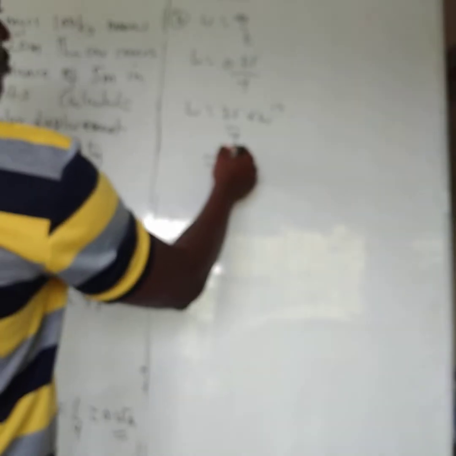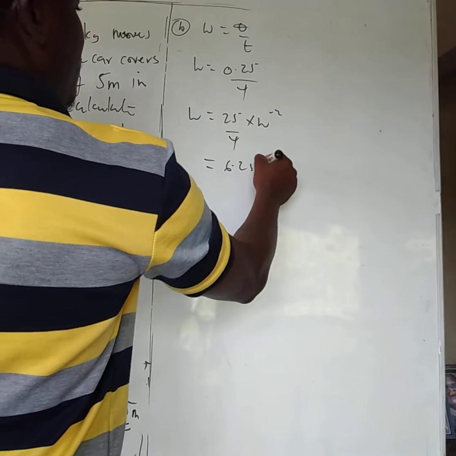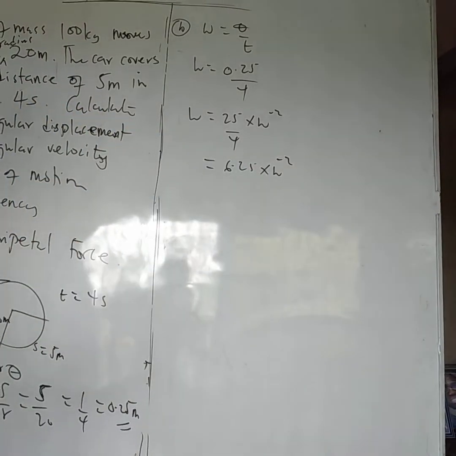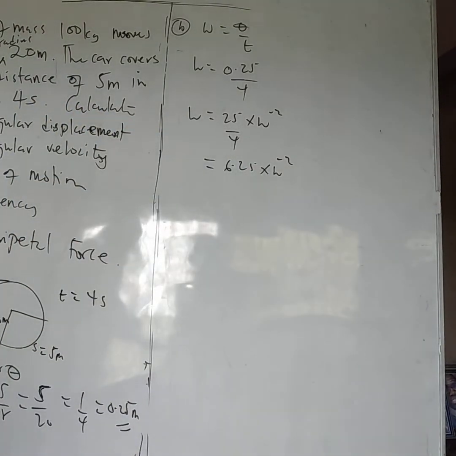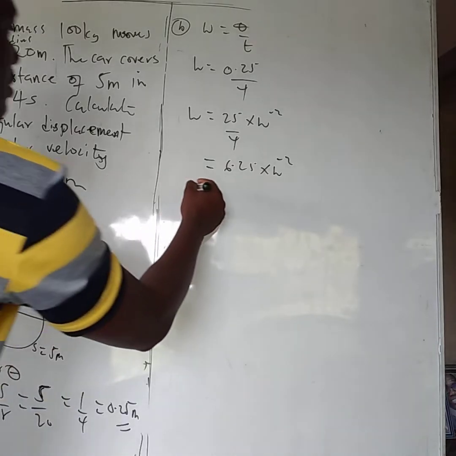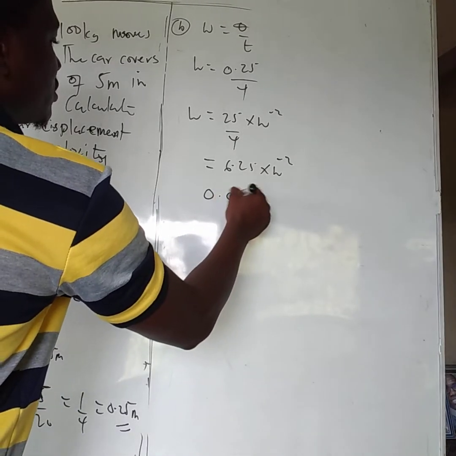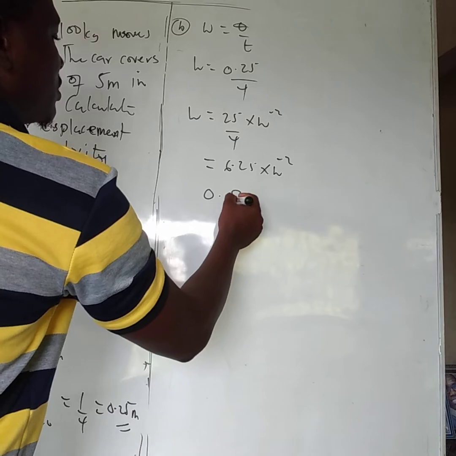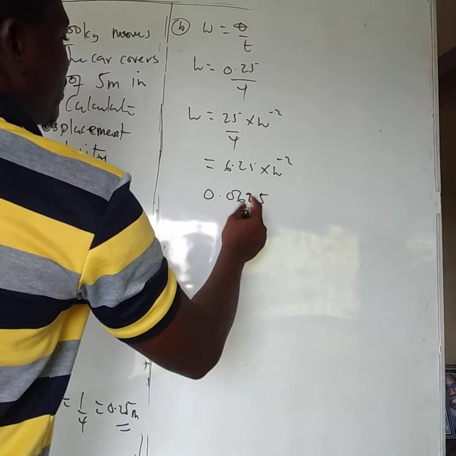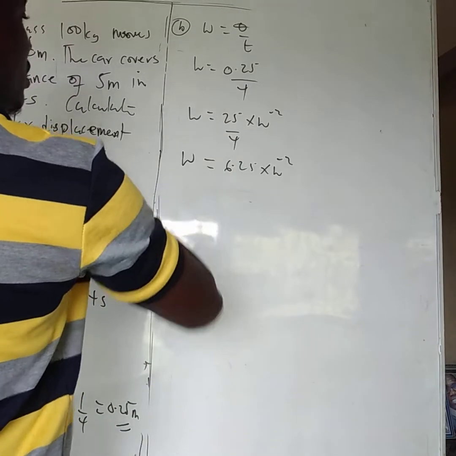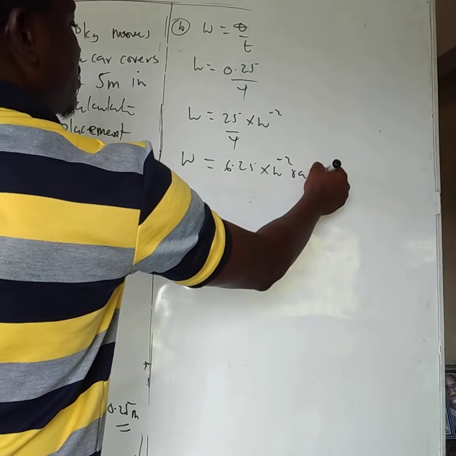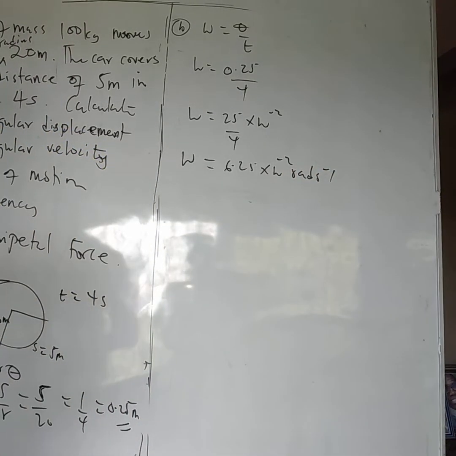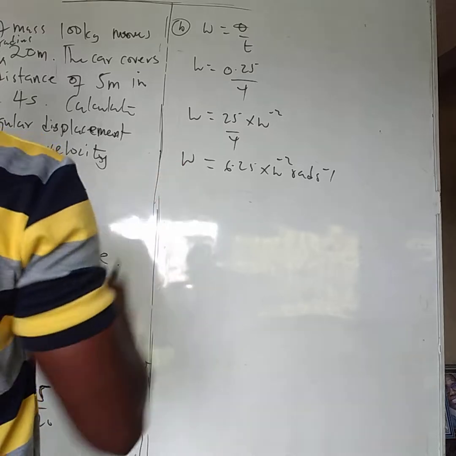This is equal to 6.25 times 10 to the power negative 2. So in the end, you are going to arrive at 0.0625, or let us just leave our omega this way. The answer is radians per second. That is the answer for omega.